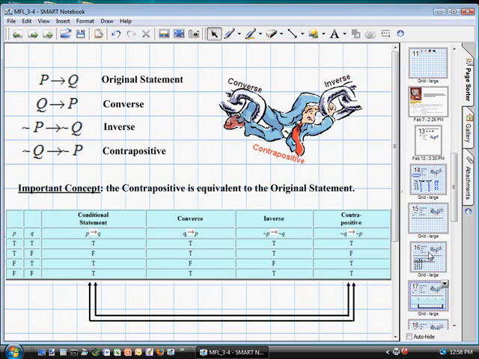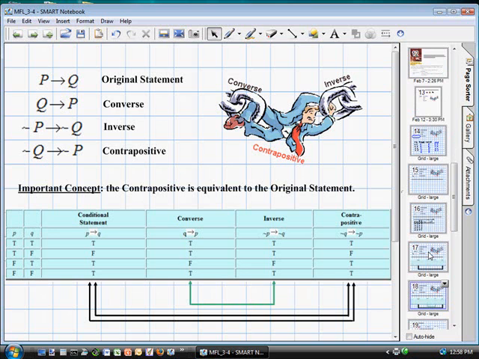And look at the truth values in the two inner columns. Look at what the converse and the inverse come out to, TTFT. They're both the same as each other, but they're also not the same as the original. So it's important to note they're equivalent to each other, but still they're not correct.